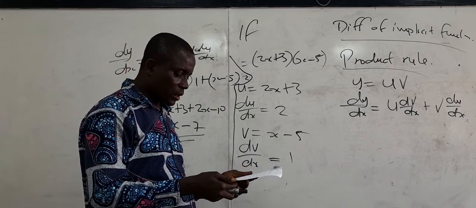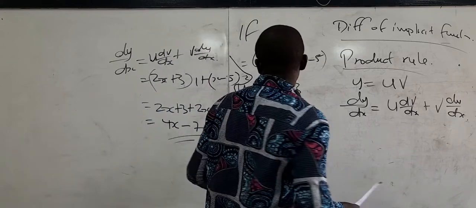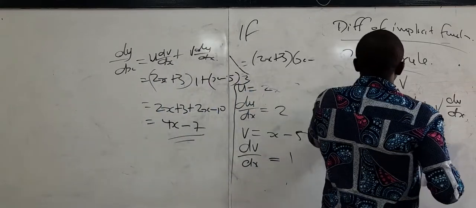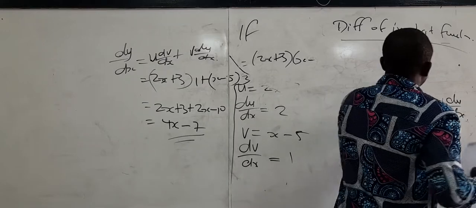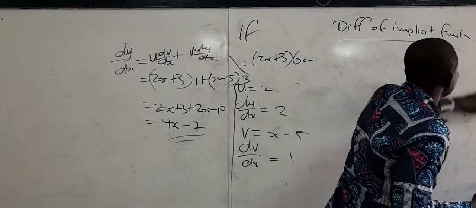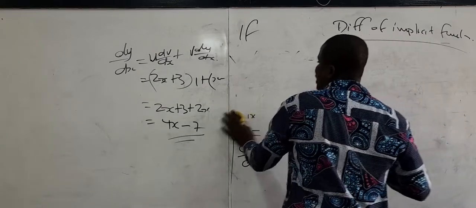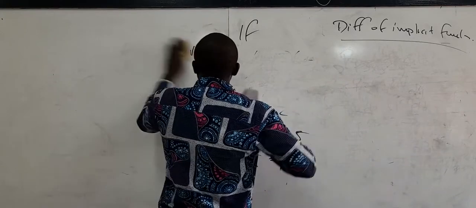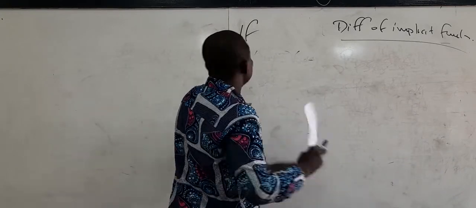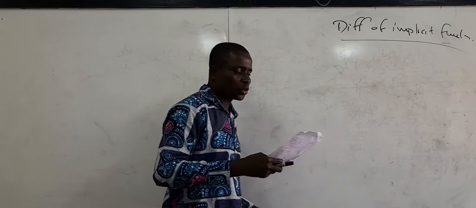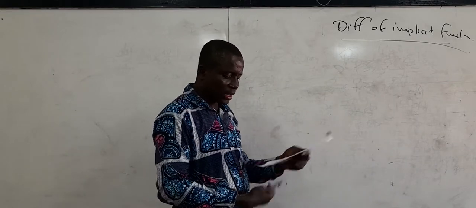Okay. Now let us see another typical example under the product rule. When you reach those in level 100, 200, whatever it is, where the natural logarithm comes in, this one will surface again. So let's see another one.